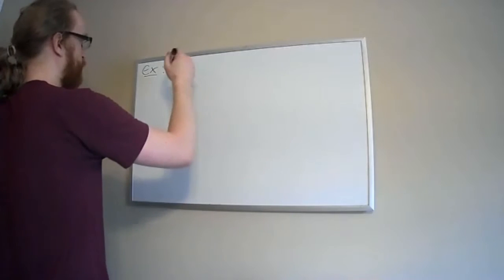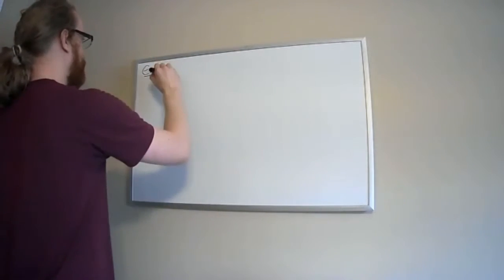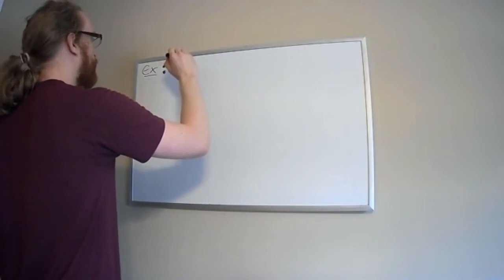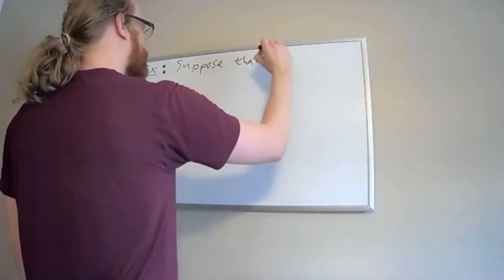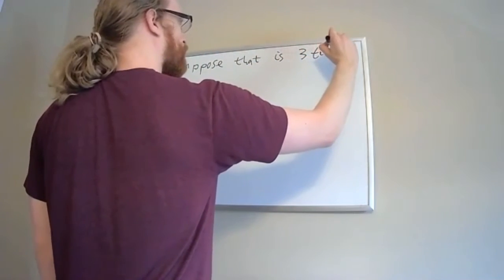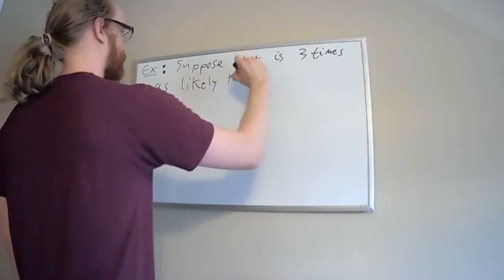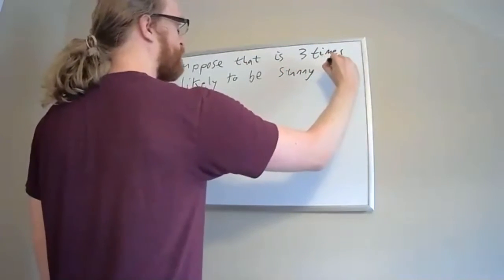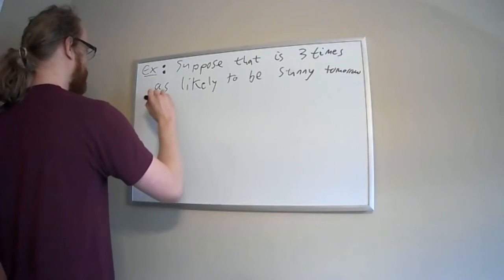So let's do this sunny rain example again, just because it gives us a nice example to use, although the probabilities will be different now. So suppose the following, that it is 3 times as likely to be sunny tomorrow as it is to be rainy.